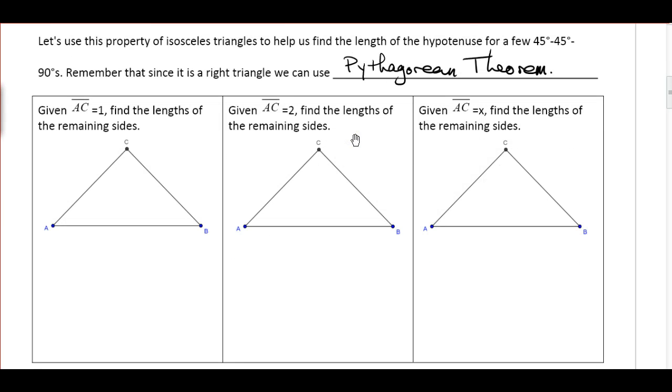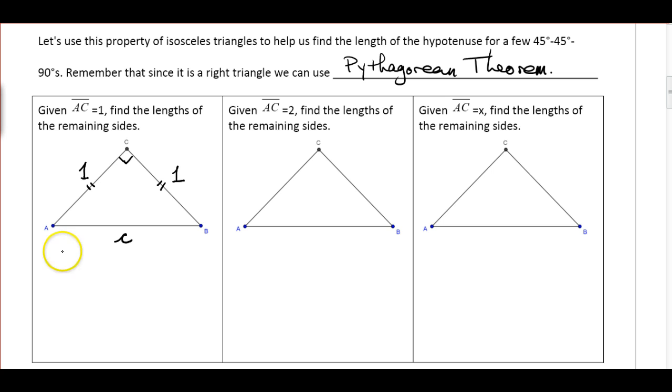Alright, so let's start by making AC 1. This is my right angle. I know these are going to be congruent, which means that this side's also going to be 1. And we'll let this side be c.